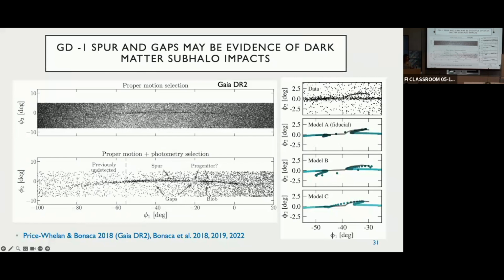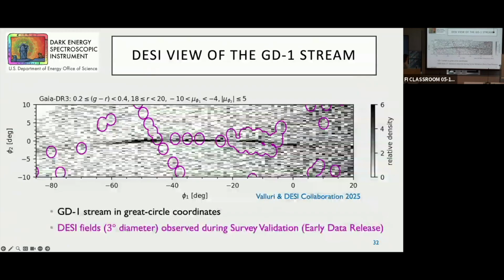It's a really interesting stream that a lot of people have been looking at, and so we looked at it with DESI during survey validation. These magenta circles show all the 3-degree DESI fields which were observed, overlaid on a Gaia DR3 image, which has been made with certain selections to make sure that we are able to pick out the stream. So it's not extensive in this data set, but there is some data.